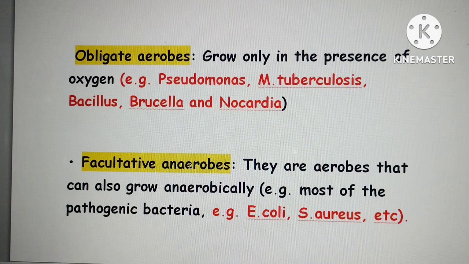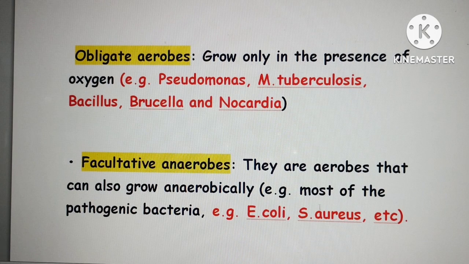If it is a facultative aerobe, it means they can also grow aerobically, but they are anaerobes. It is quite confusing, but you can make it. So if it is a facultative anaerobe, they can grow anaerobically, but they are aerobes.